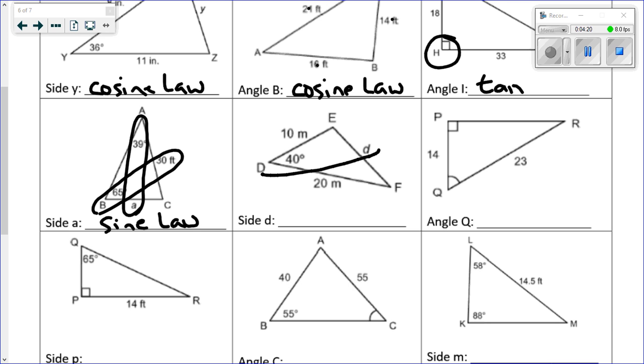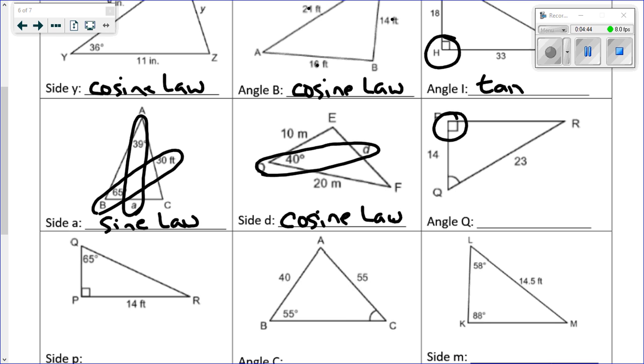Sine D, once again, I can draw my X, oh, I can't. I got no matches. That 10 meters is a lonely, lonely man. All right, or woman, I suppose. It's lonely.